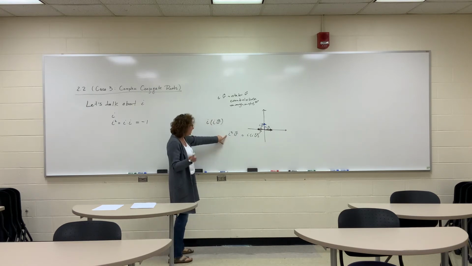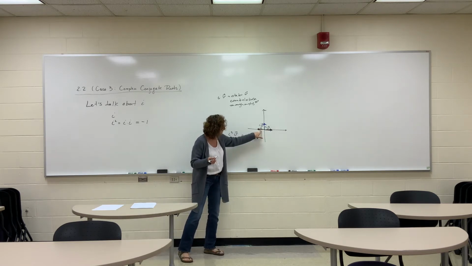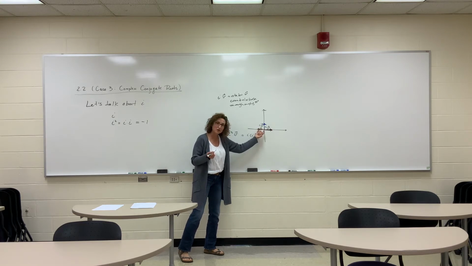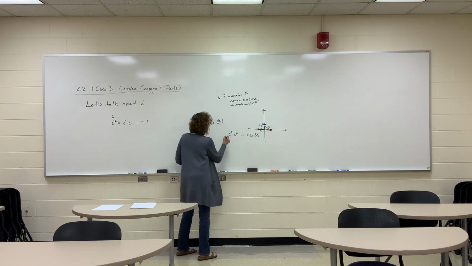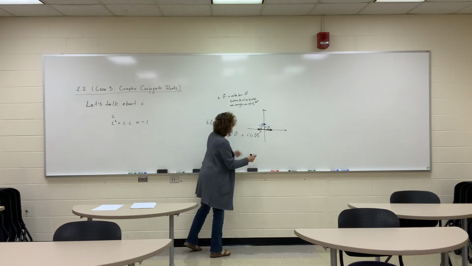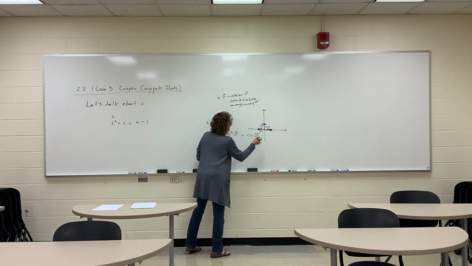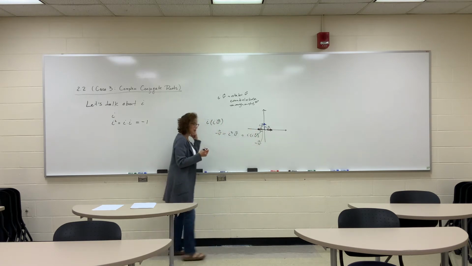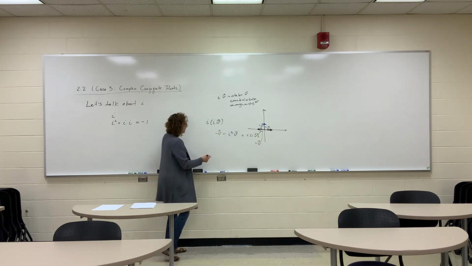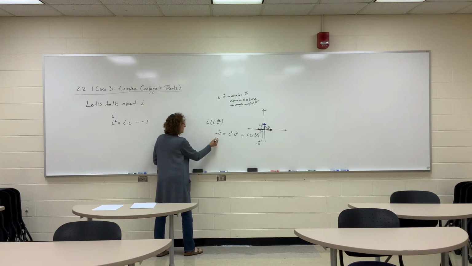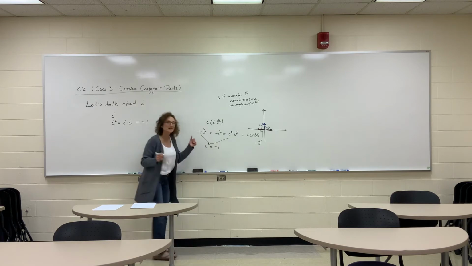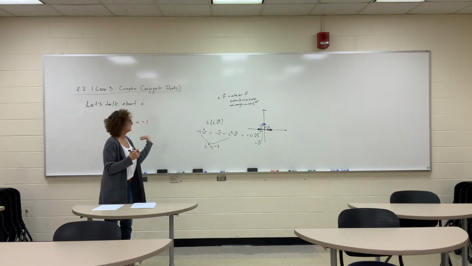What do you know about this vector compared to v? They're the same length, but they point in opposite directions. So geometrically, this is minus v, because we flipped it 180 degrees. If i squared v is equal to minus v, that's the same as minus 1 times v, and therefore we get the fact that i squared is negative 1 in a geometric, visual way.